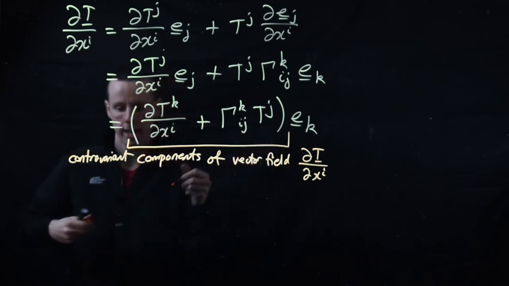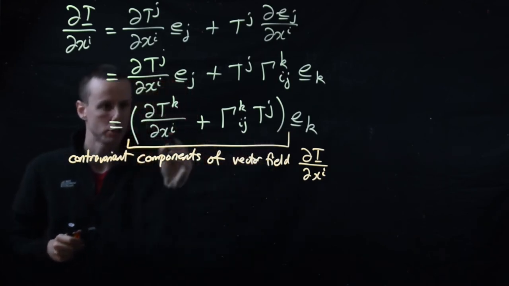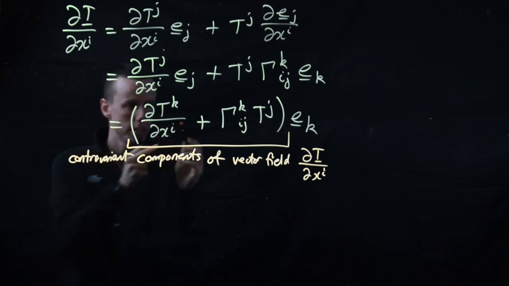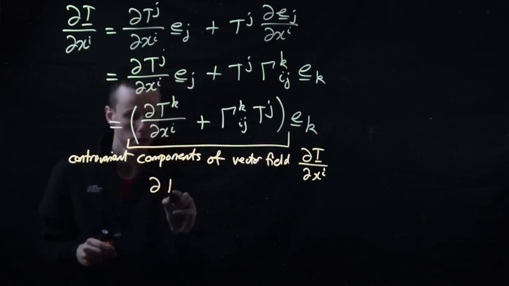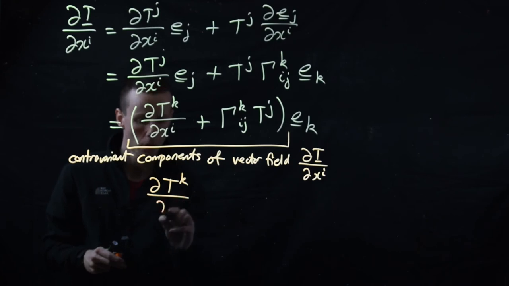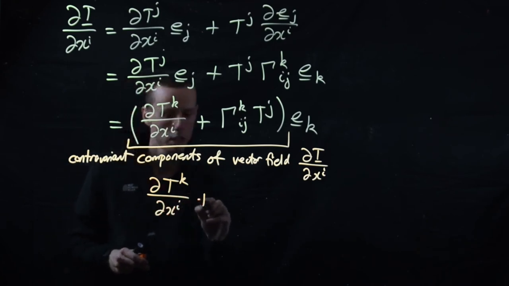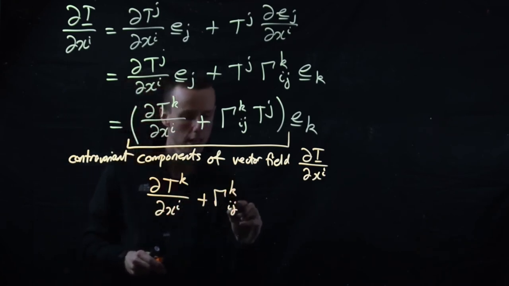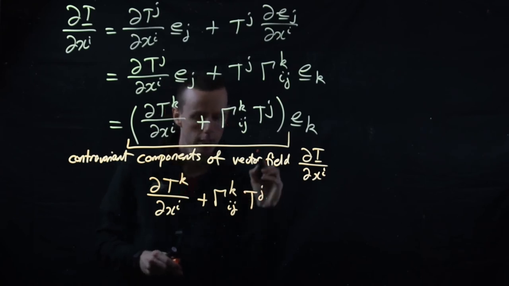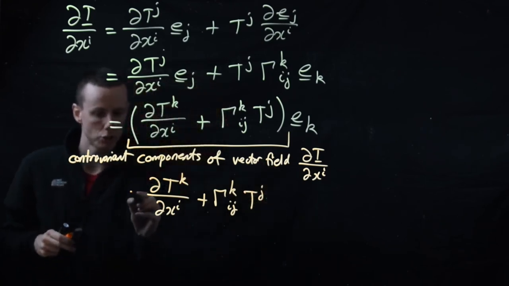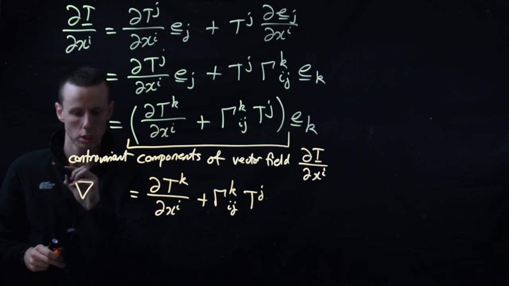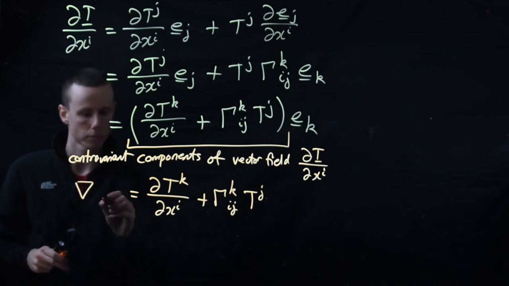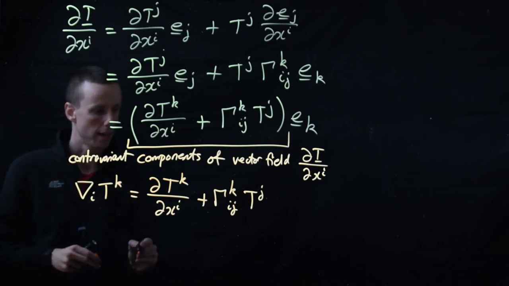The special notation is like this. This object here, which I'll copy again, this component, dT^k by dx^i plus Gamma^k_ij T^j, is denoted nabla_i T^k.